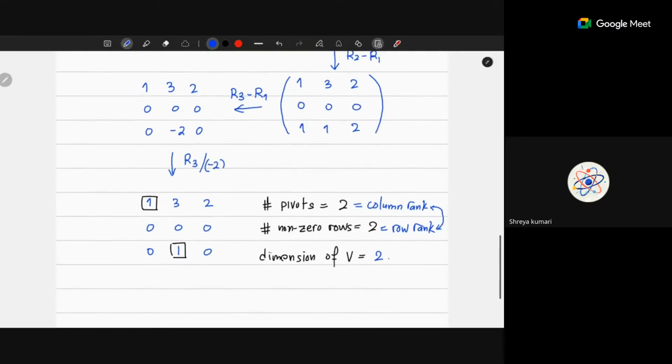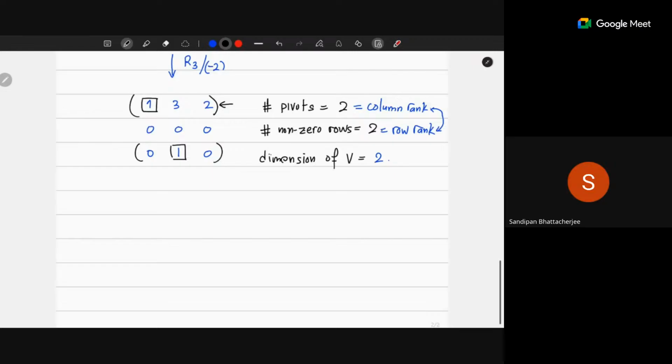Now, the basis in this case is the first row and then the third row. So the set of bases is precisely (1, 3, 2) and (0, 1, 0). Okay.